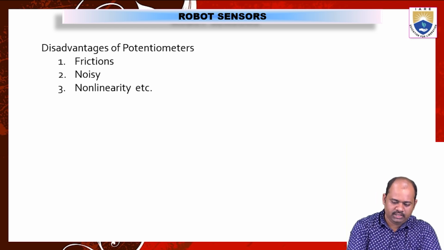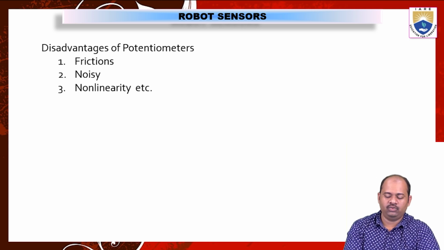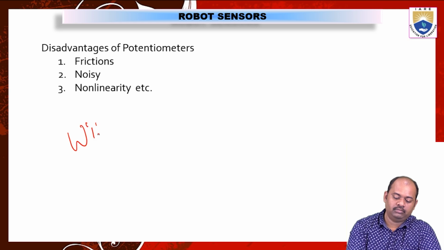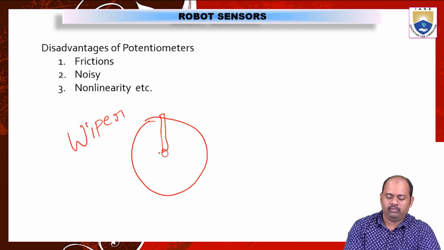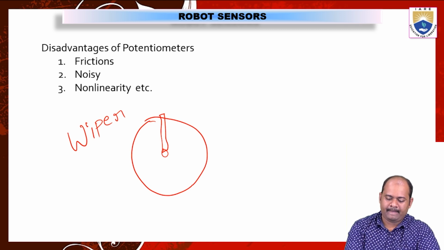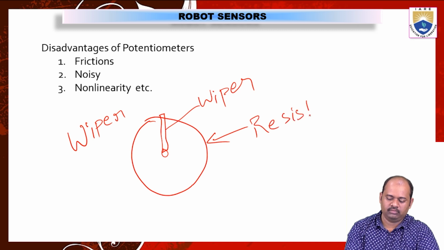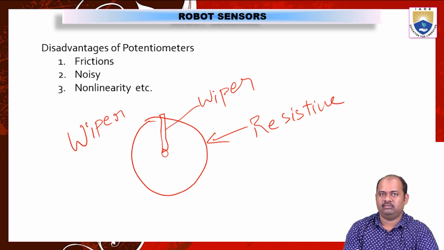There are some disadvantages of a potentiometer. First, because we are using a moving element, some kind of wiper, when this wiper rotates along the resistive element, this is the wiper and this is the resistive element, it will create some noise due to the friction between the wiper and the resistive element.